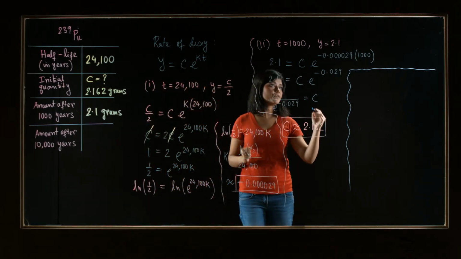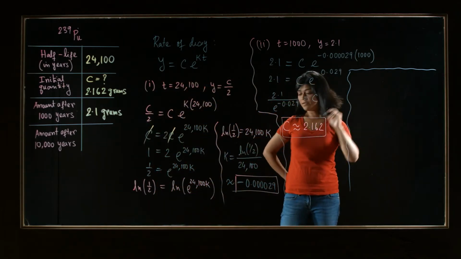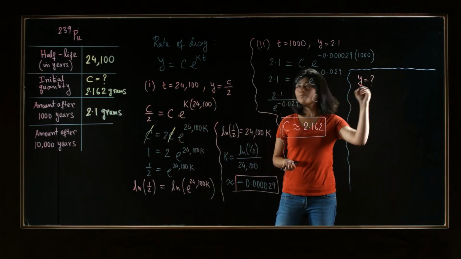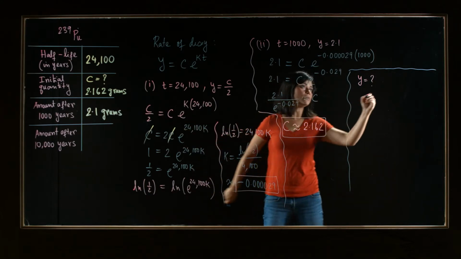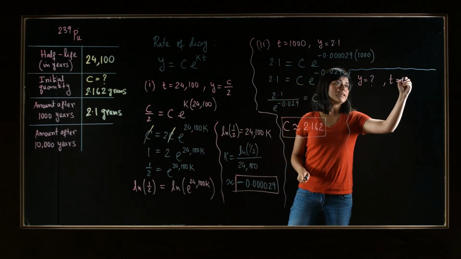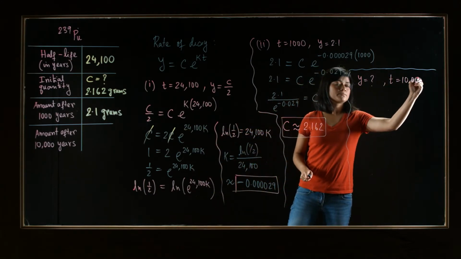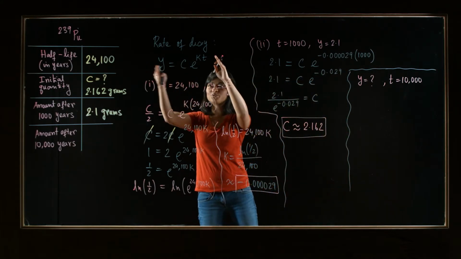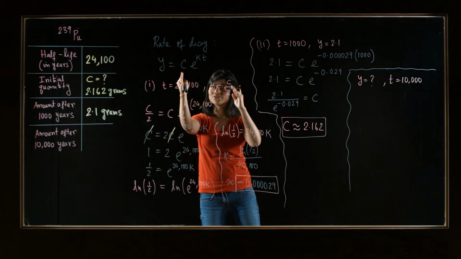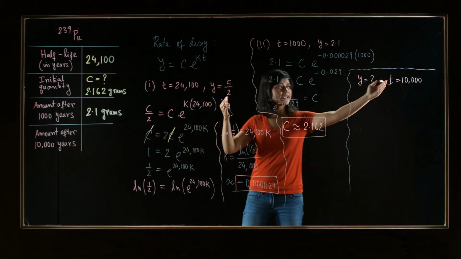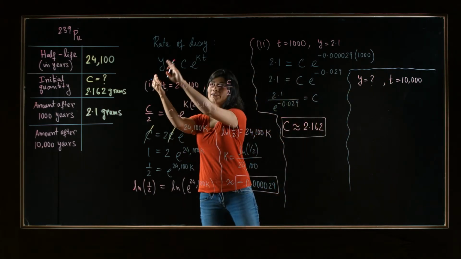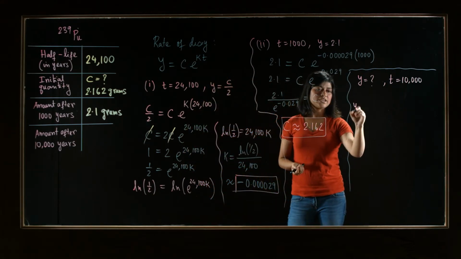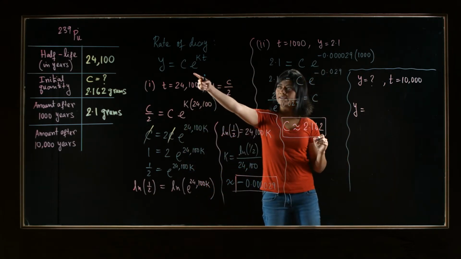That means we have to find the value of y when the time is 10,000. Notice that in our original equation, we already have the two constants. We know c and k. So if we plug in the value of t, we can figure out the value of y. That's all we have to do.